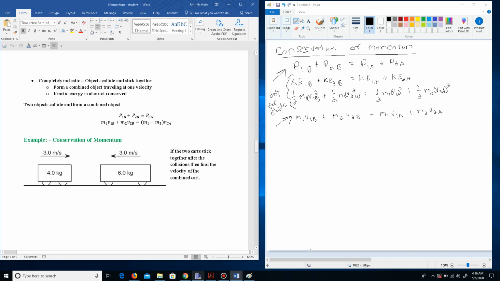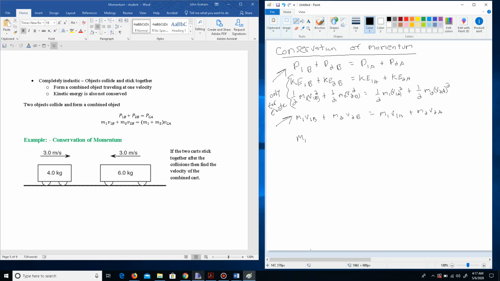And these, when they collide and stick together, what happens is they will combine and travel with each other at one single velocity. Kinetic energy is still not conserved, right? So it's still inelastic. But what this means is this V1 and V2 after are actually the same thing.